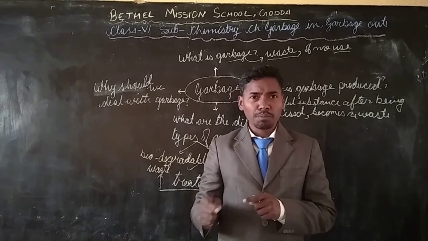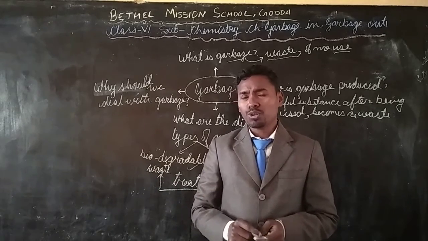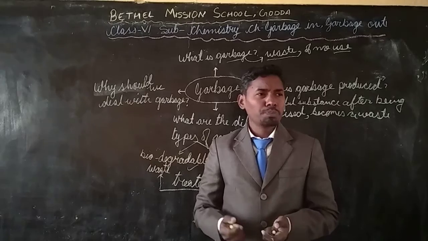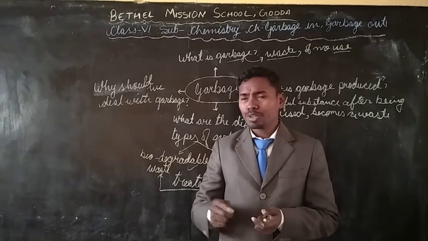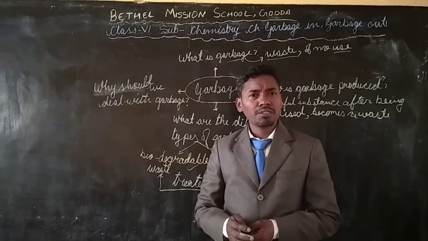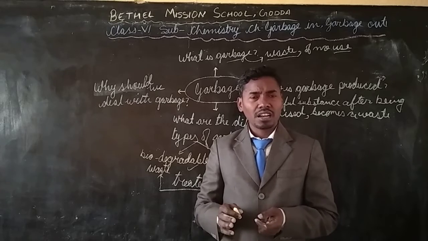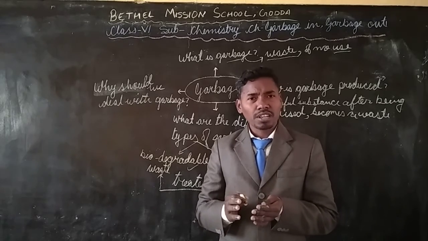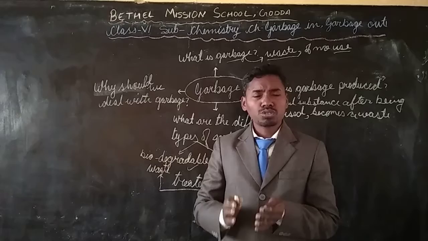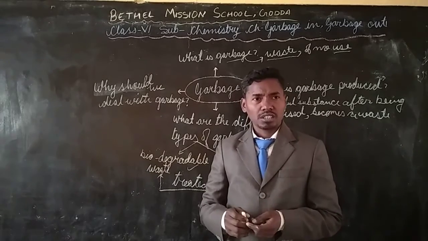This makes the water body very unfit for use. There are so many people, or maybe animals, or aquatic animals, living there, and they are suffering harmful effects because of this.